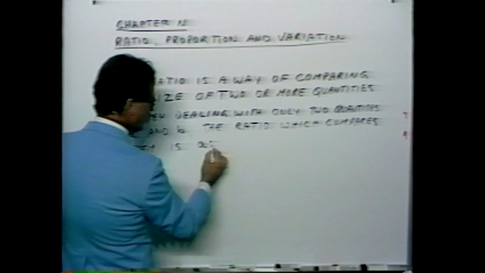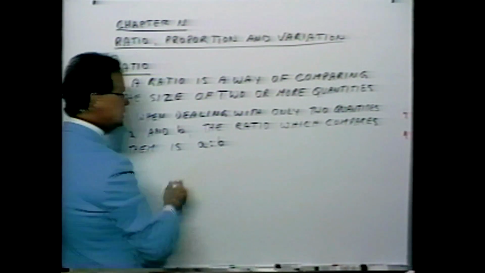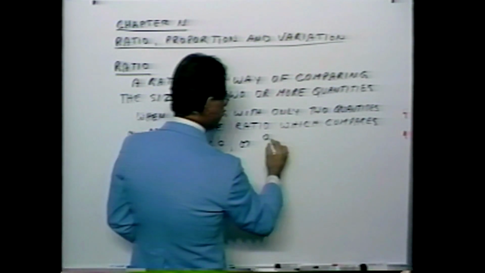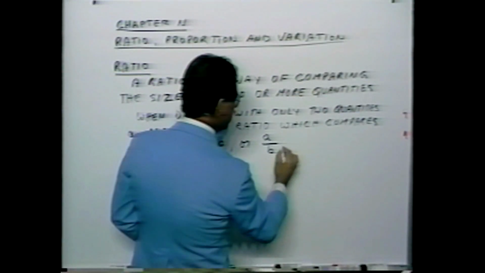It can also be written A colon B, which means A is to B, or as a fraction, A over B.